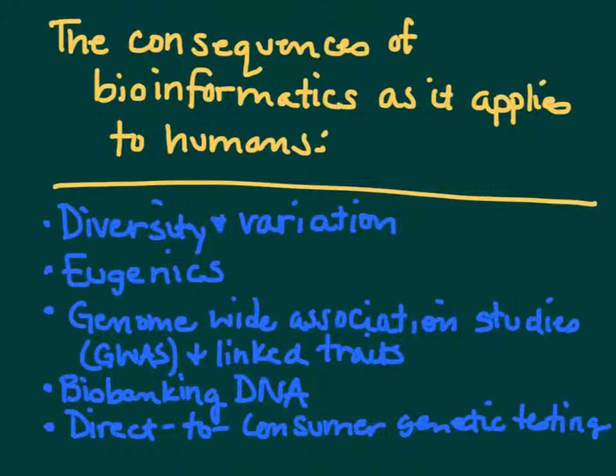Bioinformatics, as it applies to humans, allows us to do those GWAS studies I mentioned earlier and determine linked traits to a particular variation in the genome. But then we have to ask ourselves how accurate are those GWAS studies?